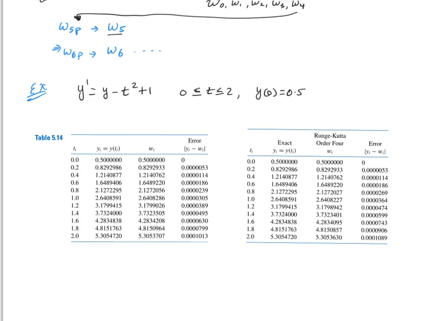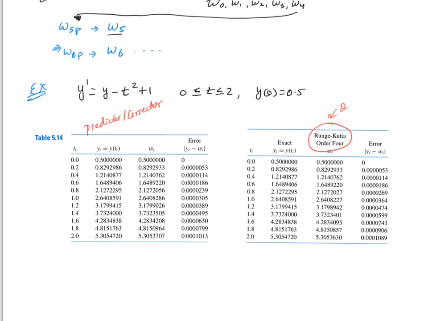So this table shows the results of the combination of the predictor and then corrector method. And this one is the Runge-Kutta of order 4, which was the best that we had before. Okay, so you can see that especially in the last part, this one is more accurate than the Runge-Kutta.